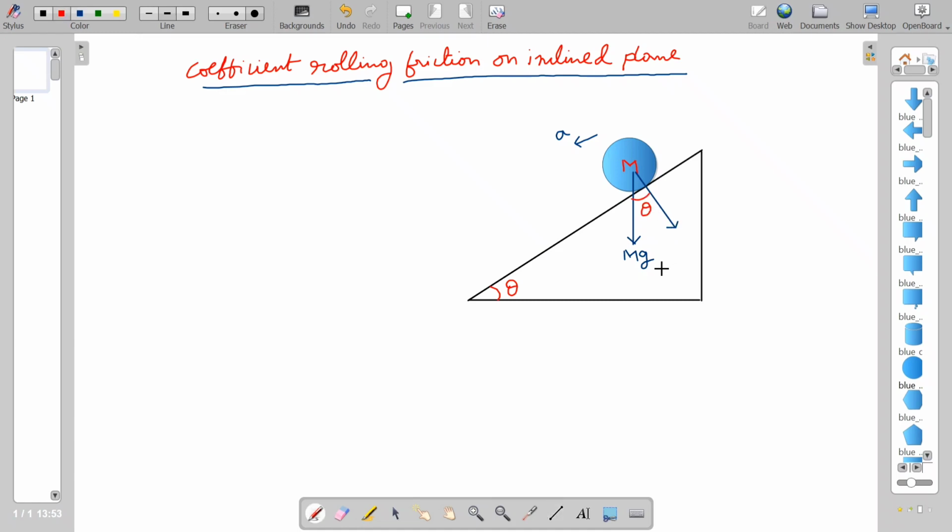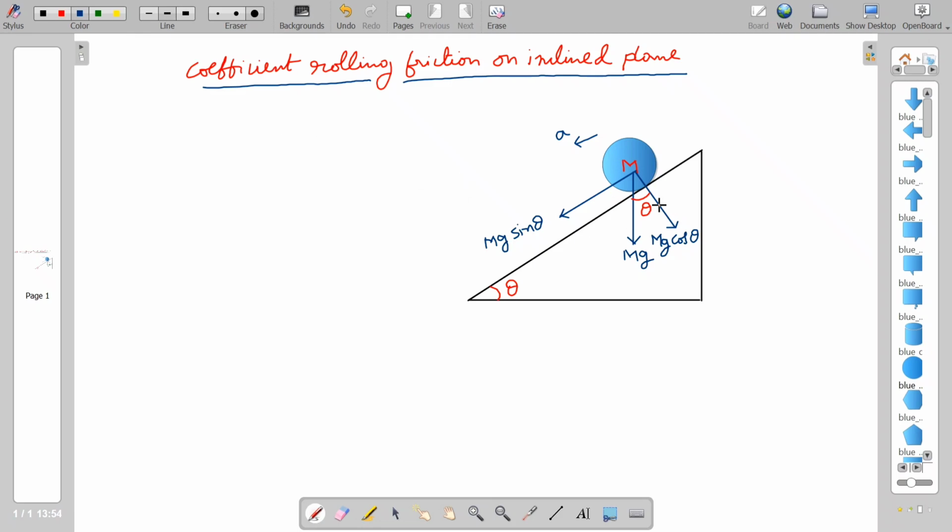So we can resolve the weight into its components. Its horizontal component mg cos theta and its vertical component mg sin theta.